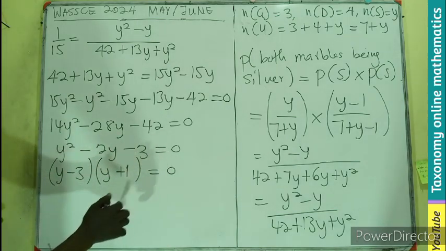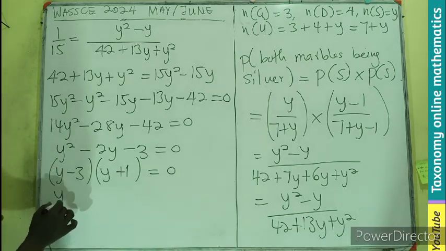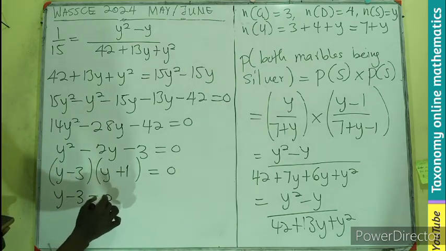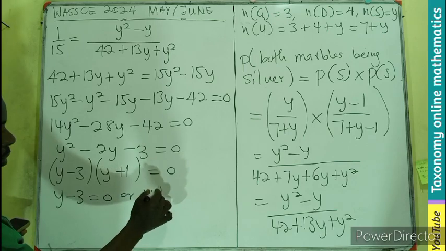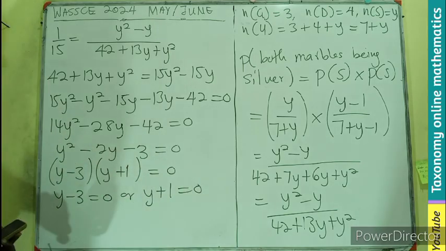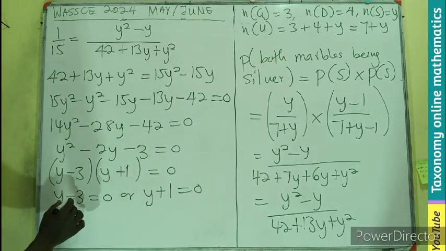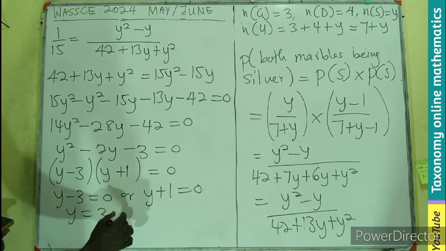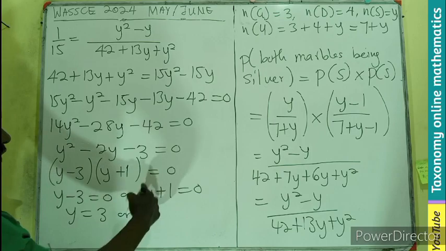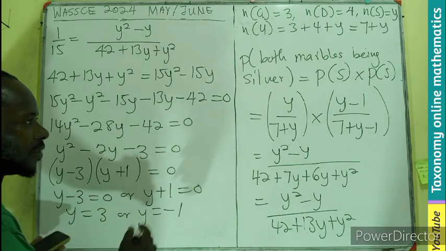We equate both brackets to 0. Y minus 3 is 0, or y plus 1 is 0. We transpose the 3 to become y equals 3, and we transpose the 1 to become negative 1.